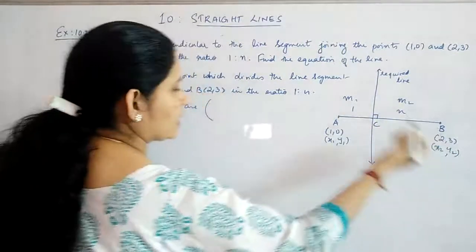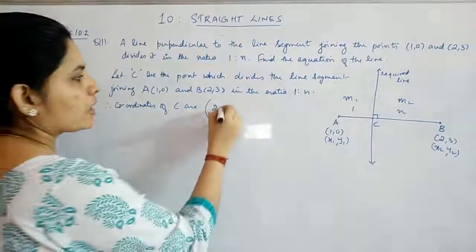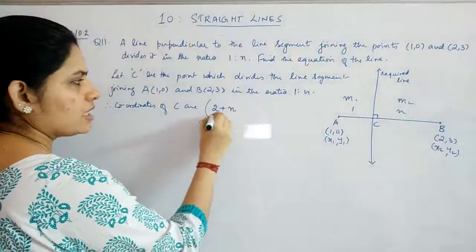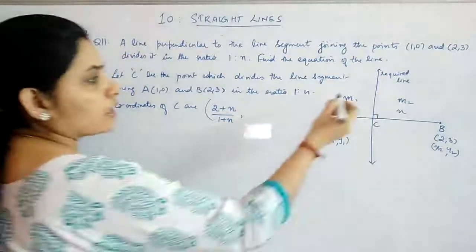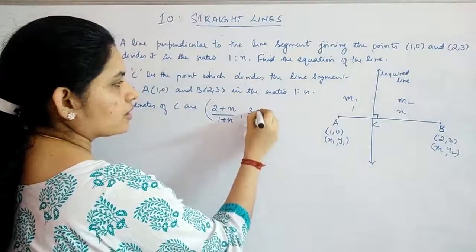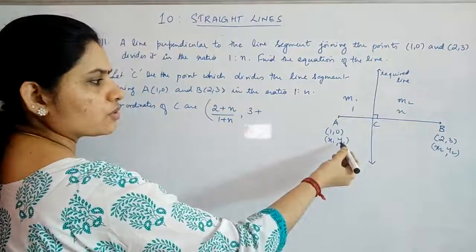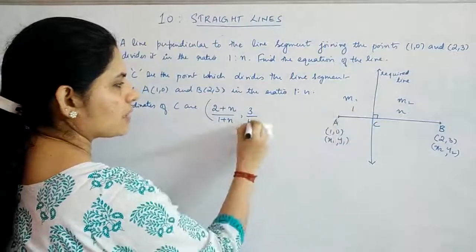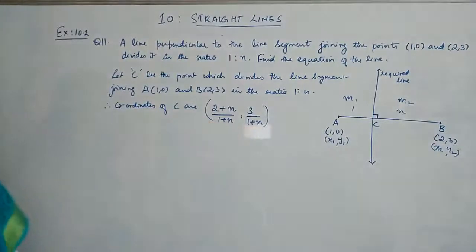So M1 X2, what you will get? 1 into 2, 2 plus M2 X1, so you'll get n into 1, which is n, divided by M1 plus M2, which is 1 plus n, comma M1 into Y2 will give you 3 into 1 plus M2 into Y1, which will give you n into 0. So you don't have anything here, divided by again M1 plus M2, which is 1 plus n. So this is the coordinates of the point C.